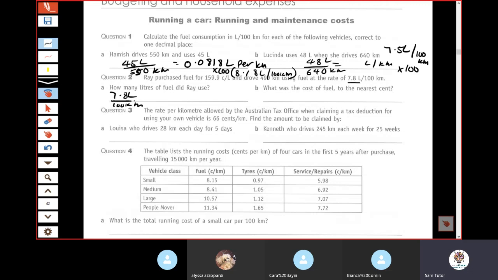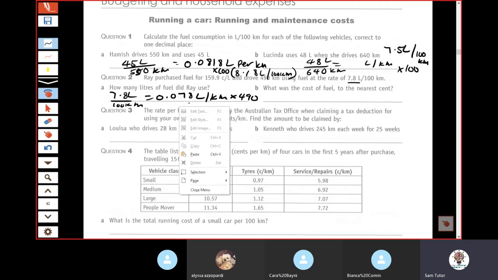So I would personally not times by 4.9, even though it's very easy for me to do that, because I know 490 kilometers is just 4.9 hundreds. I would rather get used to doing it per kilometer, so it just works for any number. So this becomes 0.078 liters per kilometer times by 490.